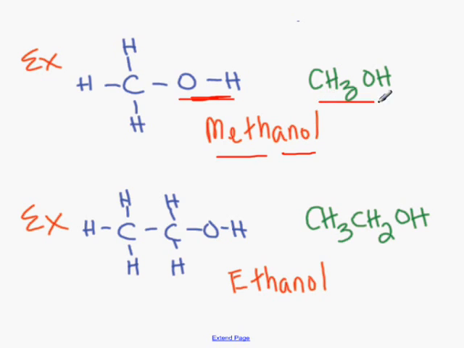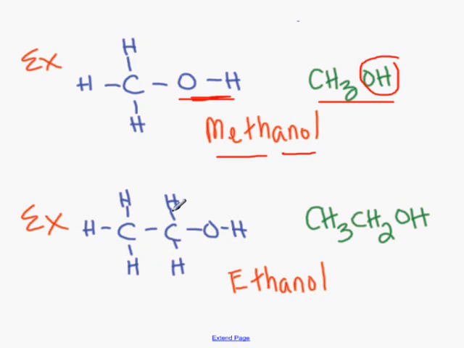And if you look at it right here, that would be the condensed formula, CH3OH. And we want to write it as CH3OH. We don't want to write it as CH4O because that could be a different molecule. We want to write it so that it shows the functional group. And the functional group in this case is the alcohol, the OH. So if it's methanol, you'd write it as methyl, and then the alcohol so that we know that it is indeed an alcohol, methanol.